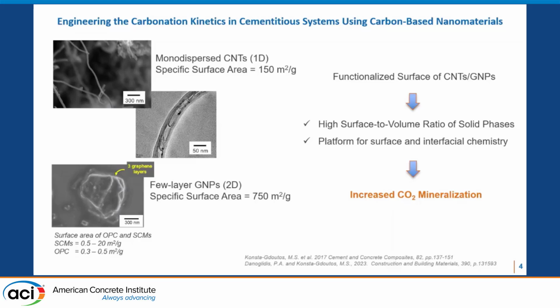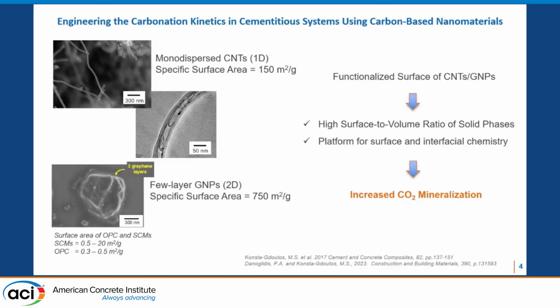Now, all these nanomaterials have inherent properties that are unique. Especially the carbon-based nanomaterials have a unique carbon structure, which is extremely helpful in many ways, and obviously, being nanomaterials, extremely high surface area available for surface and interfacial chemistry.